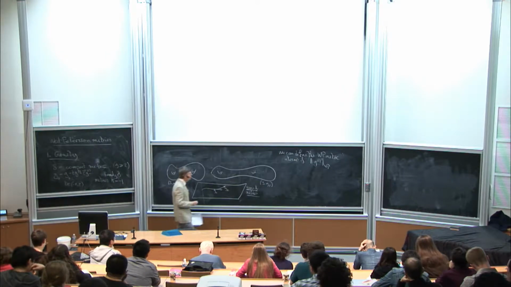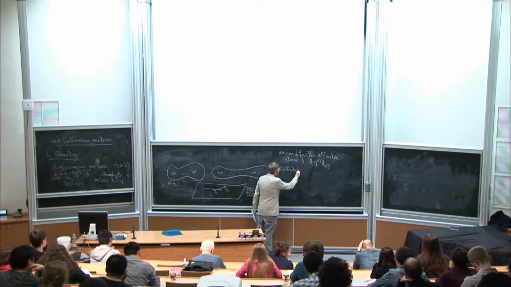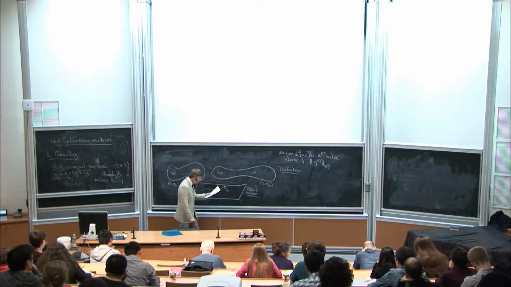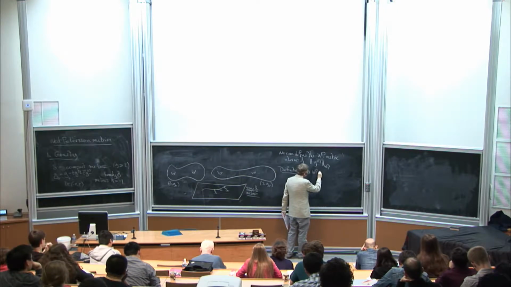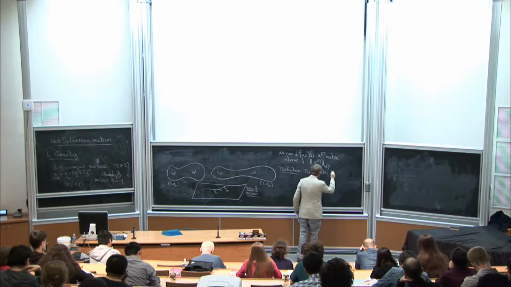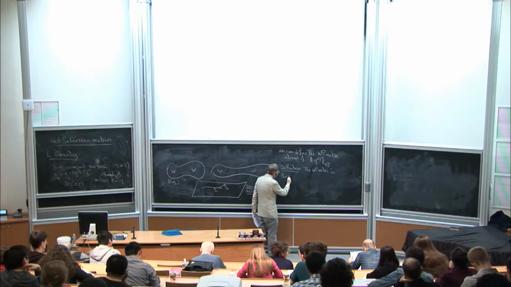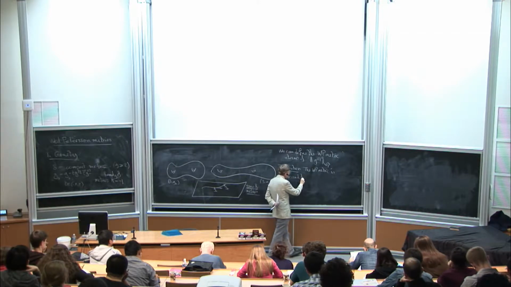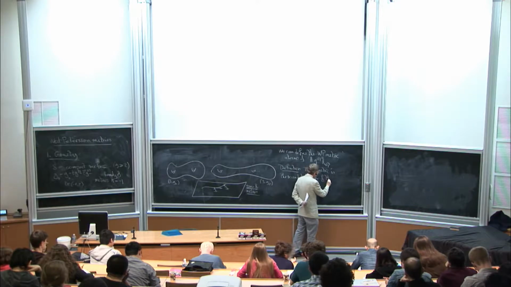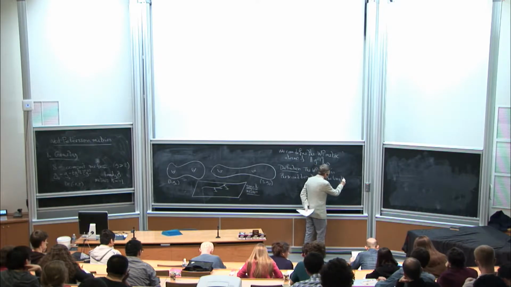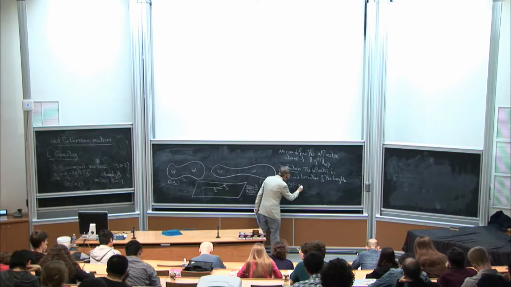And there are various definitions of this, some of which I don't understand, but one definition is that the Weil-Petersson metric is the second derivative of the length of typical geodesics.